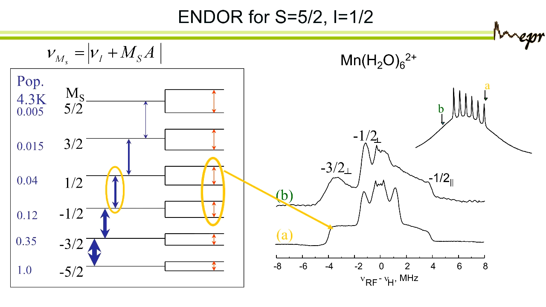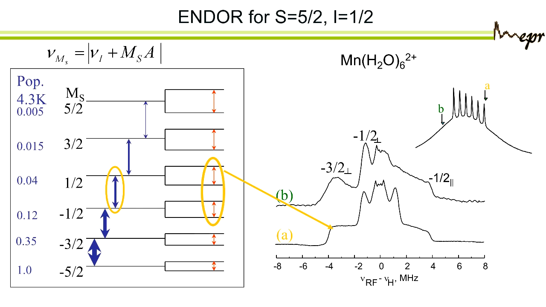Now we have aqueous manganese. This is a very simple sample. This is what we saw before for the single crystal. Now if we have this powder pattern here, and we measure in position A, we get this powder pattern. You see a nice powder pattern that is pointing to here, this arrow.